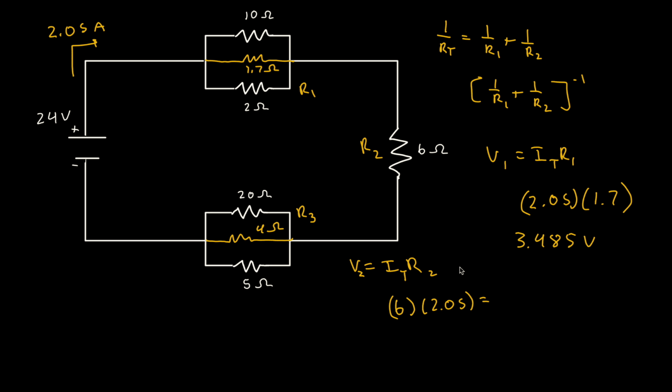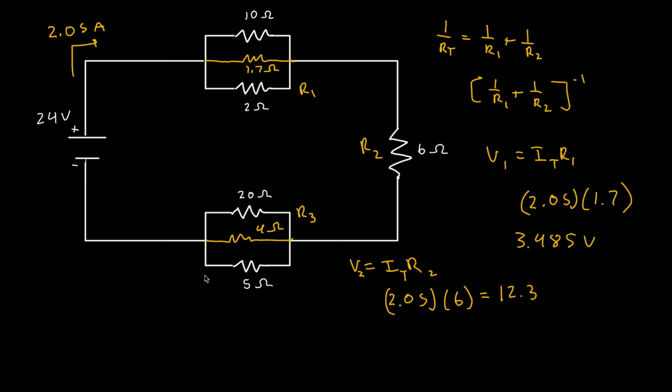Actually, let me move some of this stuff over here just to make it a little bit easier for you guys. I think I put resistance first before current, so I'll just make it easier. 2.05 times 6, and that will get us 12.3 volts for this guy over here.